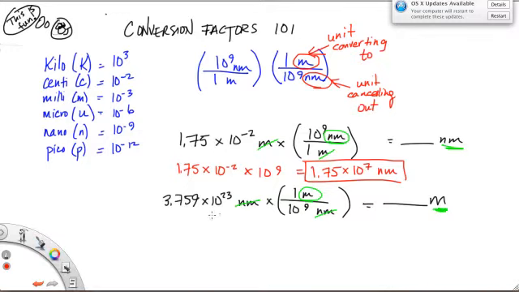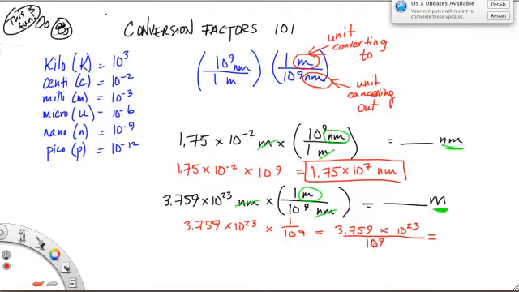So my problem becomes 3.759 times 10 to the 23rd times 1 over 10 to the 9th. Mathematically, that's equal to 3.759 times 10 to the 23rd divided by 10 to the 9th. And when you divide exponents, you subtract them.